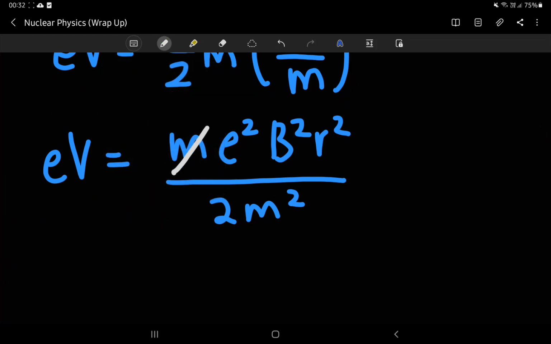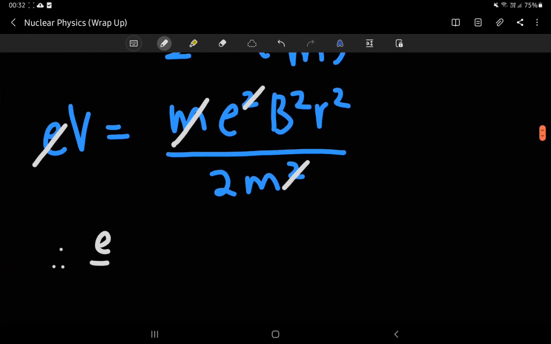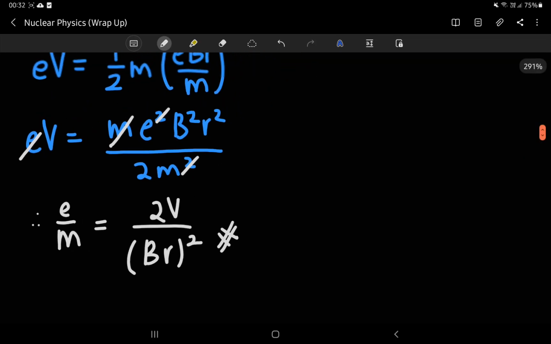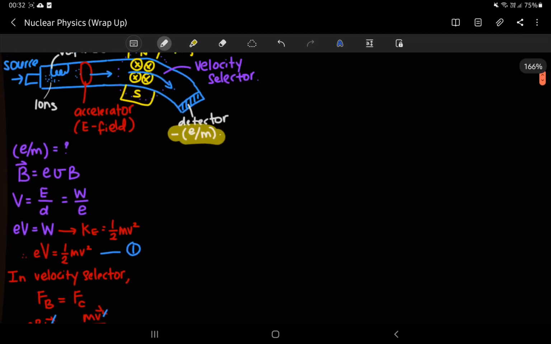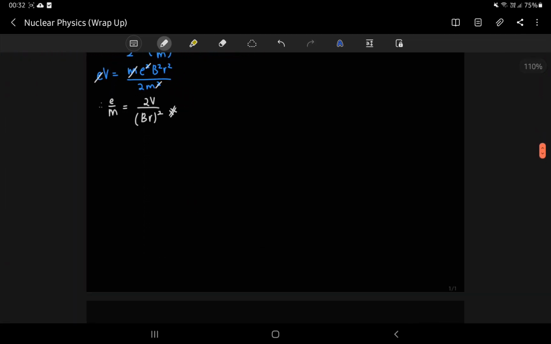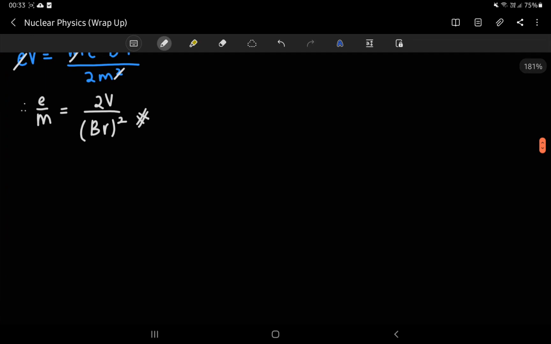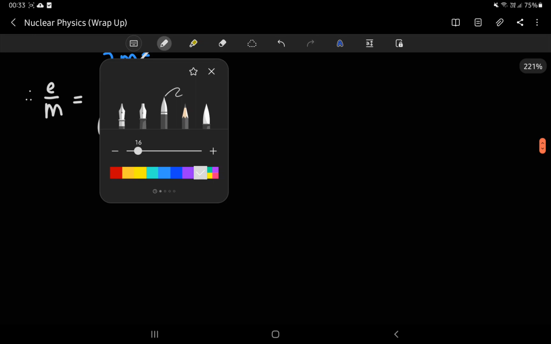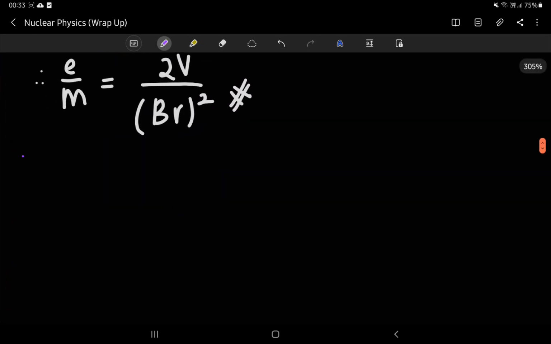We can cancel this and that, hence e over m is 2V over B squared r squared. Right, so that's a little bit about that. What else have we learned about the liquid drop model?